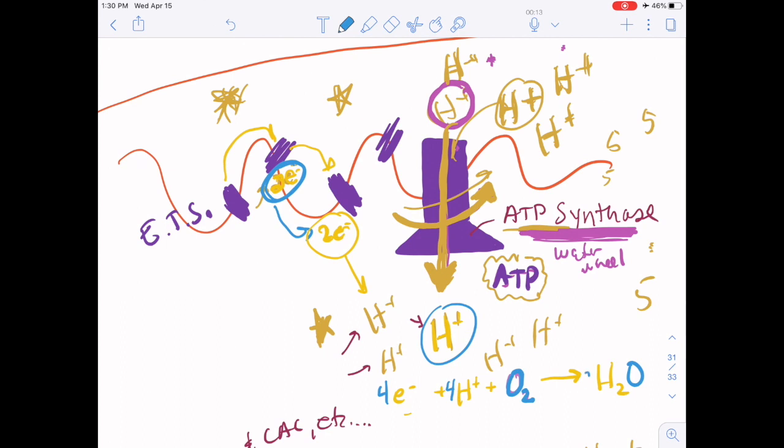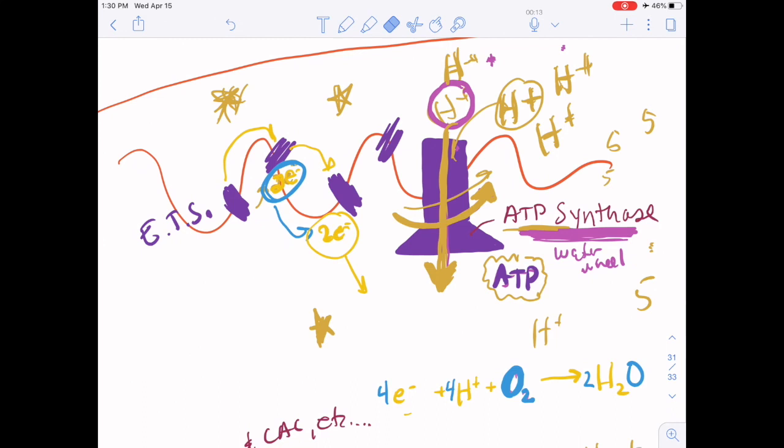Yeah, I'm O2, so I got to put a 2 there. So there we go. Think about it. So one molecule of O2 can take up 4 of these hydrogen ions. 1, 2, 3, 4.